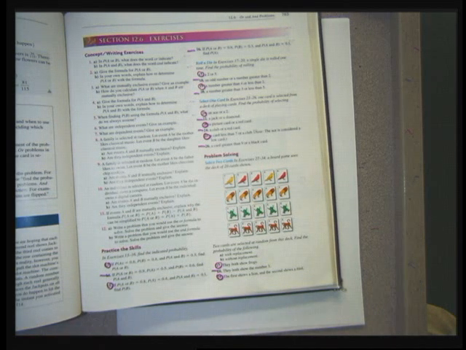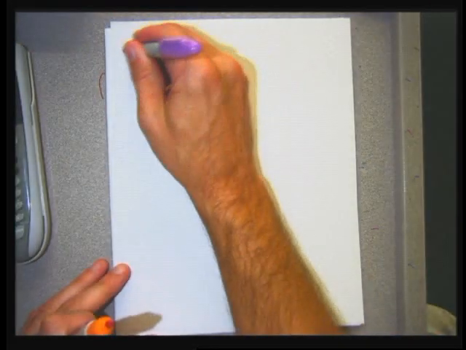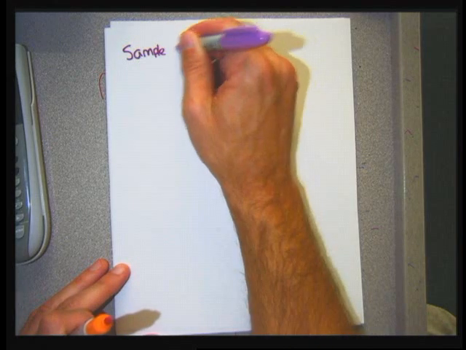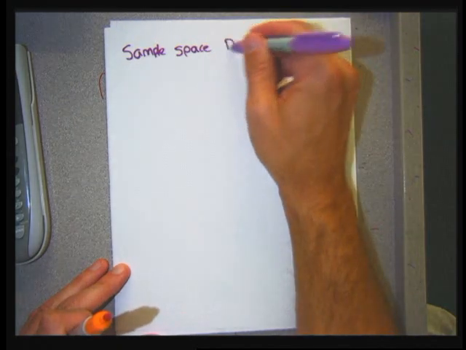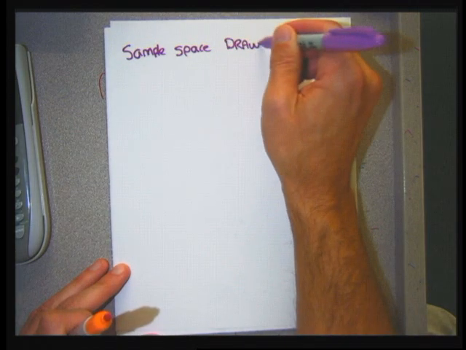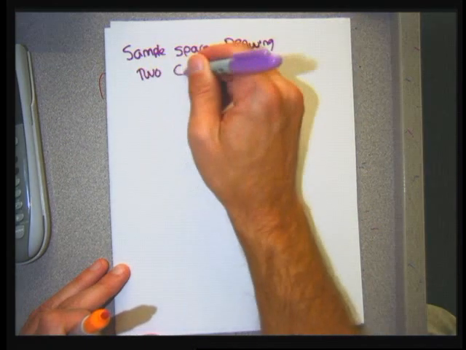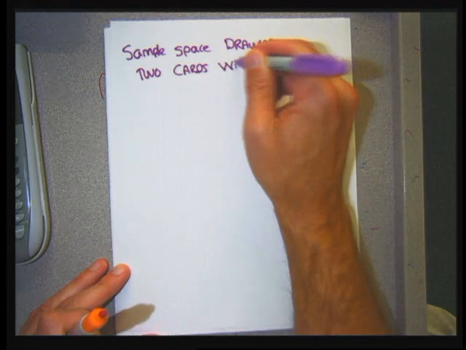The lions, the frogs, and the monkeys, I just want the numbers. So for my first card, I'm going to do the smaller sample space. So I'm picking two cards, drawing two cards without replacement.